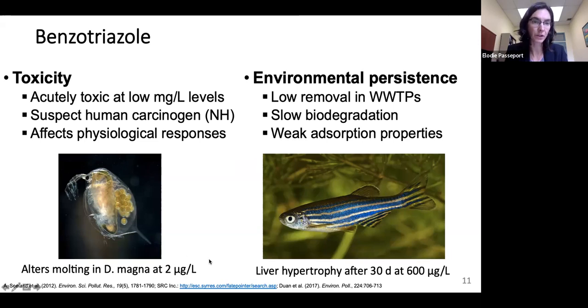For example, it alters the molting frequency in Daphnia magna at concentrations as low as 2 micrograms per liter. It degrades very slowly, so it's very persistent in the environment. It's poorly removed in wastewater treatment plants, and it has weak adsorption properties. Because of this high use in many different products, frequent detection in the environment, concentrations that sometimes are quite high, and persistence, this is a contaminant of concern.